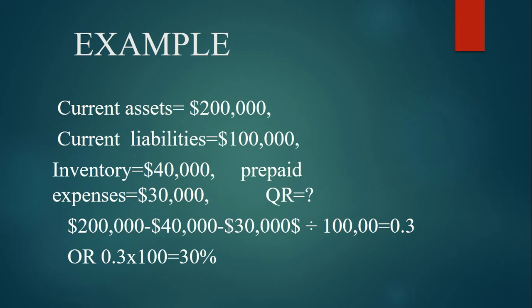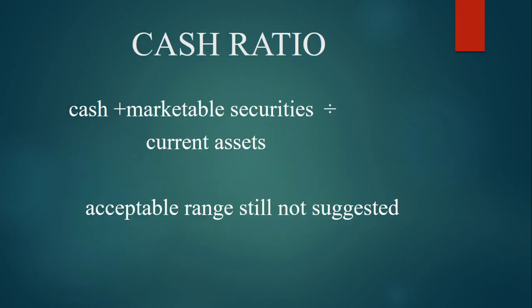It means if we have to pay a liability of $1, we have quick assets of 0.3, or you may say 30%. So this is the asset test ratio or the quick ratio.